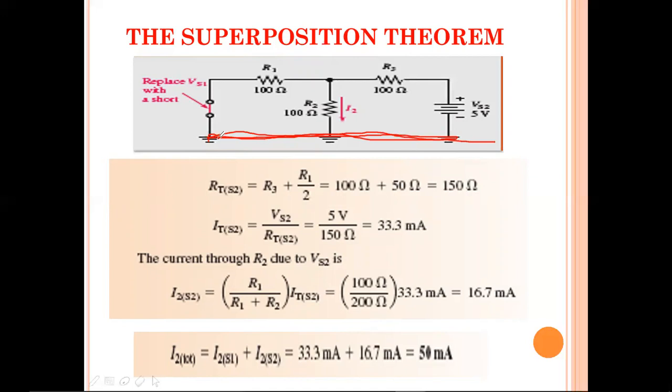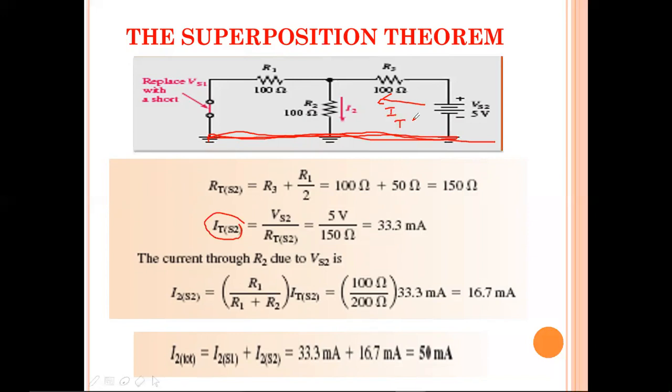So here in my case 2, I'm taking VS2 active, and VS1 is a short circuit with its internal resistance, which is 0 ohms. So from here I need to find the total current supplied by VS2. That means I mention I2S2, same notation please mention here. It's very hard to write using a mouse here.